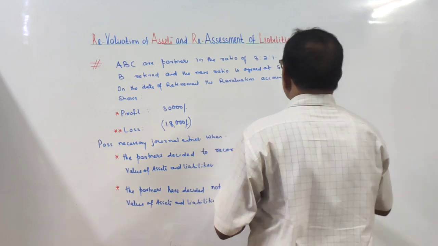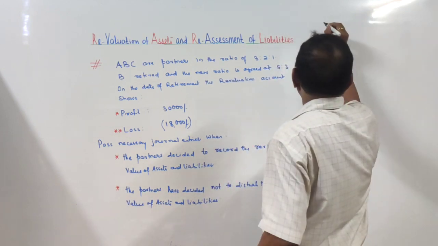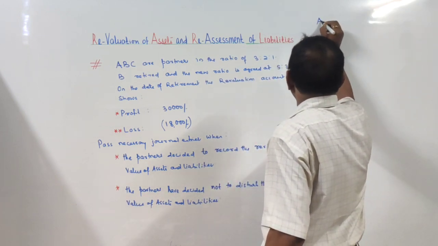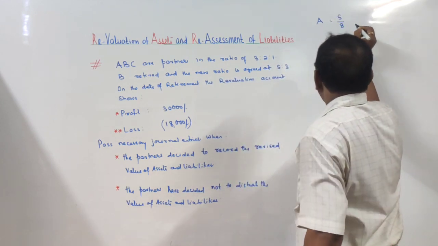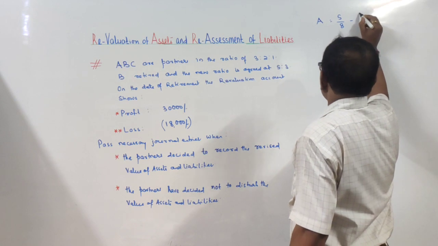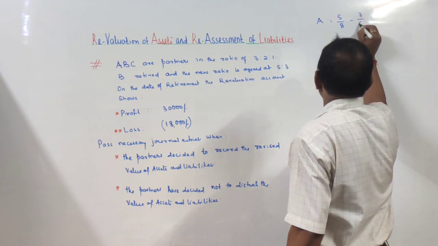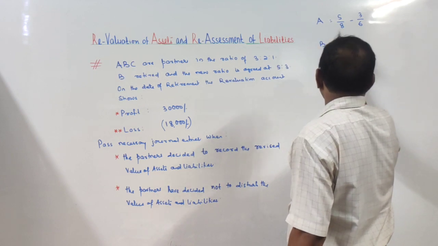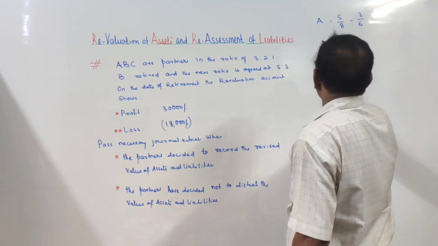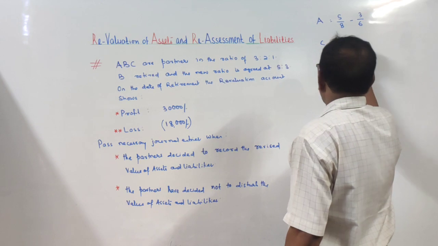Now you see, the new ratio is, A is getting 5/8, and A was getting how much? 3/6. Right? B is getting 3/8, and C was getting 1/6.